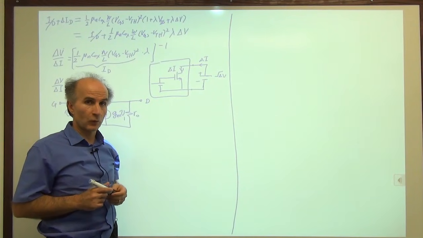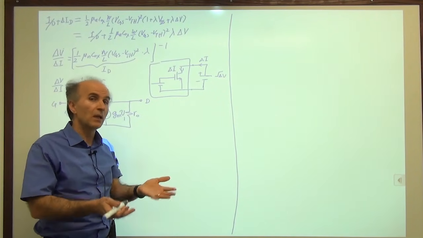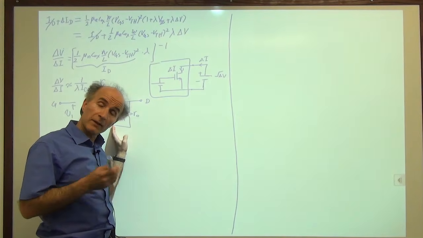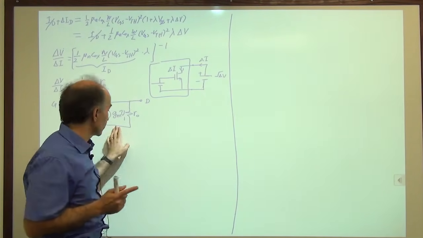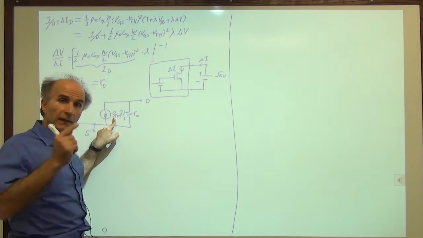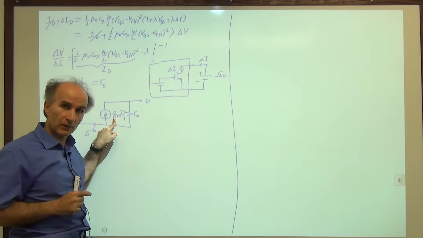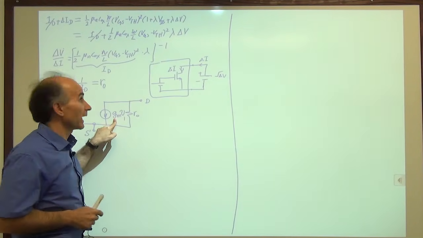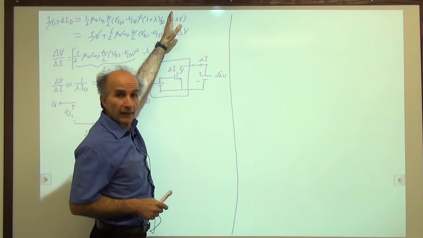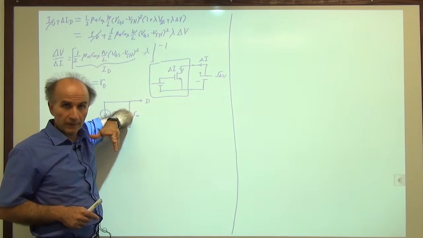So we neglected channel length modulation, we found gm, and we used it here. Now the situation is a little more complicated, because gm itself may also be affected by channel length modulation. I have to take this equation up to here, and then take the derivative with respect to VGS.